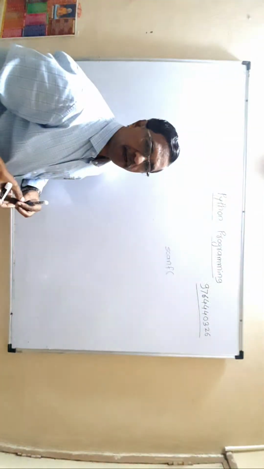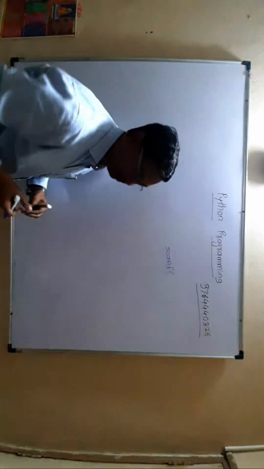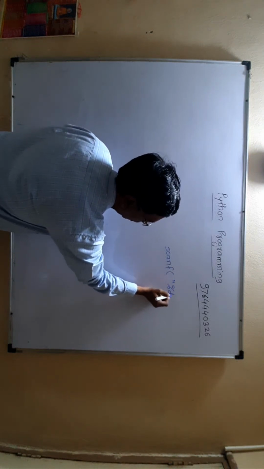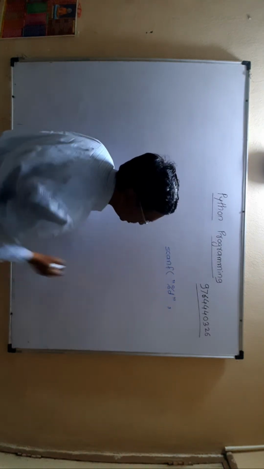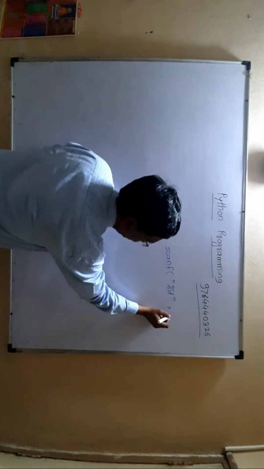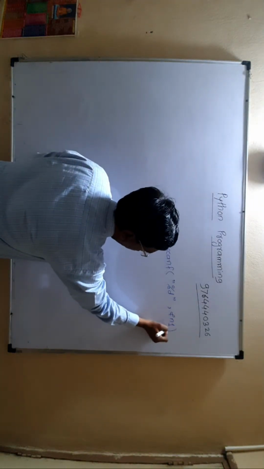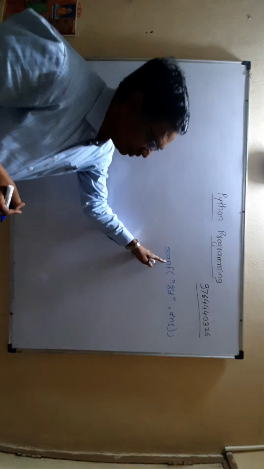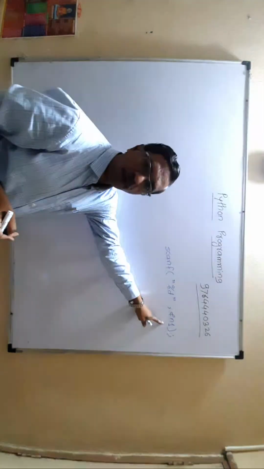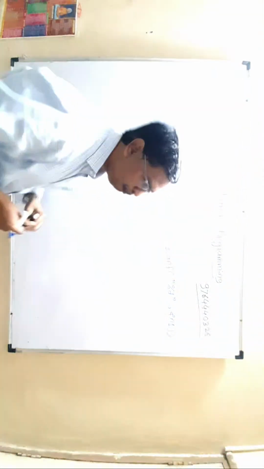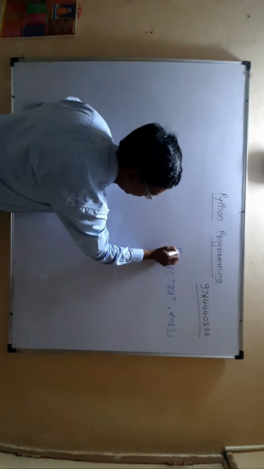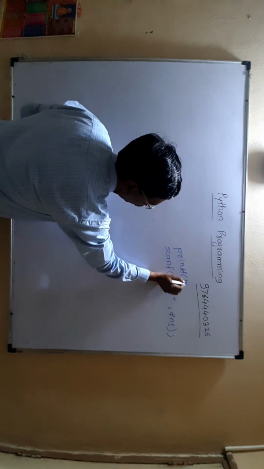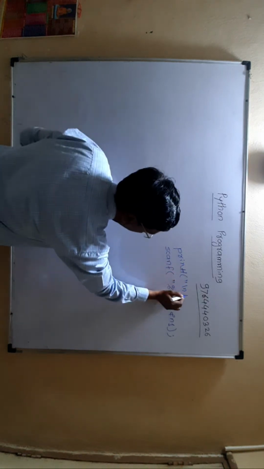Scanf statement is used to read information from a keyboard. We want to read an integer number, so we give %d, and suppose we want to read value for n1, so we give here n1. So this indicates read one integer number for n1. And before any scanf statement, we use printf statement just to indicate what we are expecting.